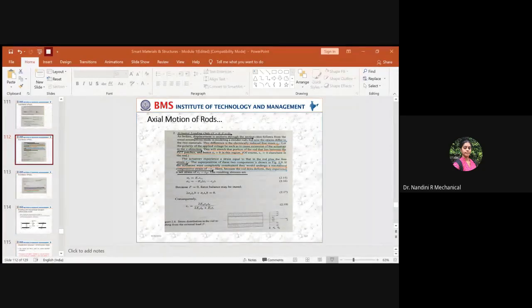Since both are uniformly distributed, the sign convention will be different because of the voltage applied, the polarity will get changed. Plus, minus, minus, plus is the voltage you apply across the electrode of the piezo patch. So that electrode will be parallel to the surface of the structure. So due to this change in the polarity, there will be opposite sign for the strain induced. So this is how you show the directions.